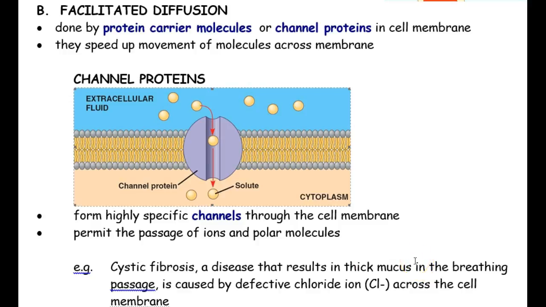It's like breathing through a straw all the time. It's caused by a defective chloride ion channel that won't let chloride diffuse across the cell membrane and break up that mucus. It's obviously a lot more complicated than that, but it's an example of the importance of these channel proteins in allowing materials in and out of the cell.